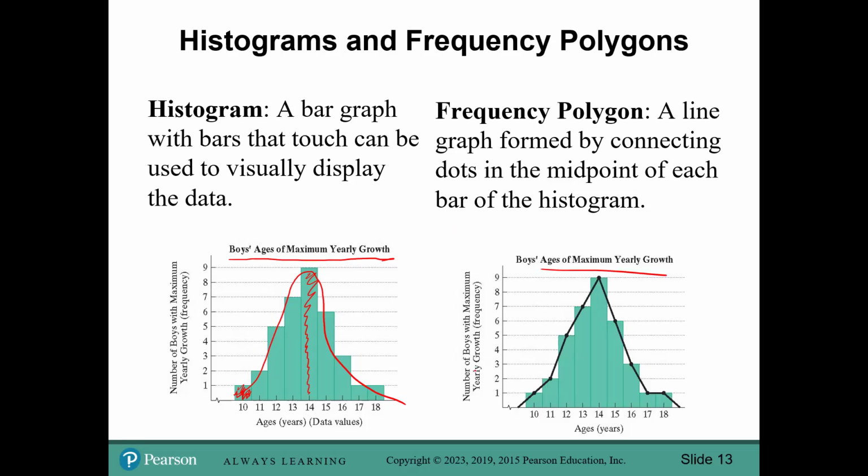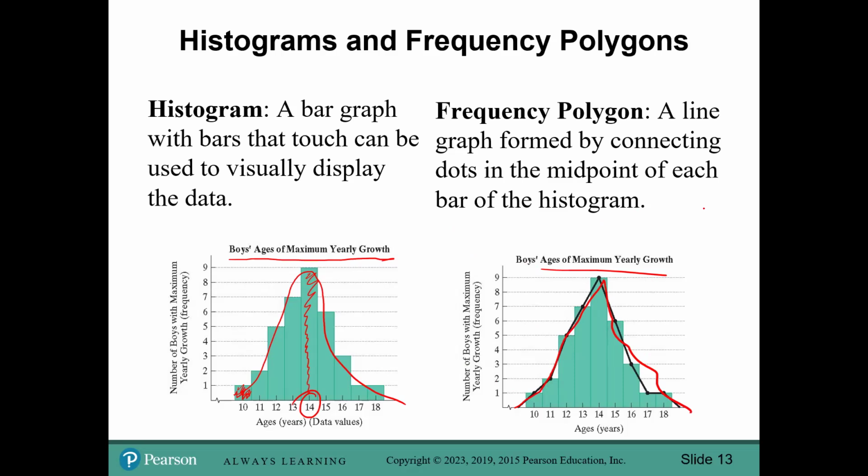This is the same chart. They just did what I did, but not smoothly, right? And it's much easier to look at this and say, hey, yeah, I can see the trend. There's a lot of these values in this middle value, this 14.